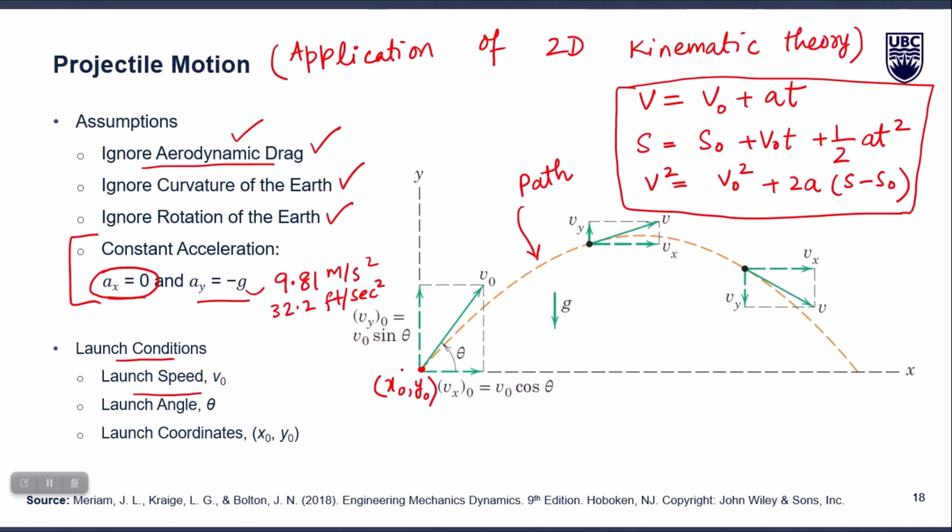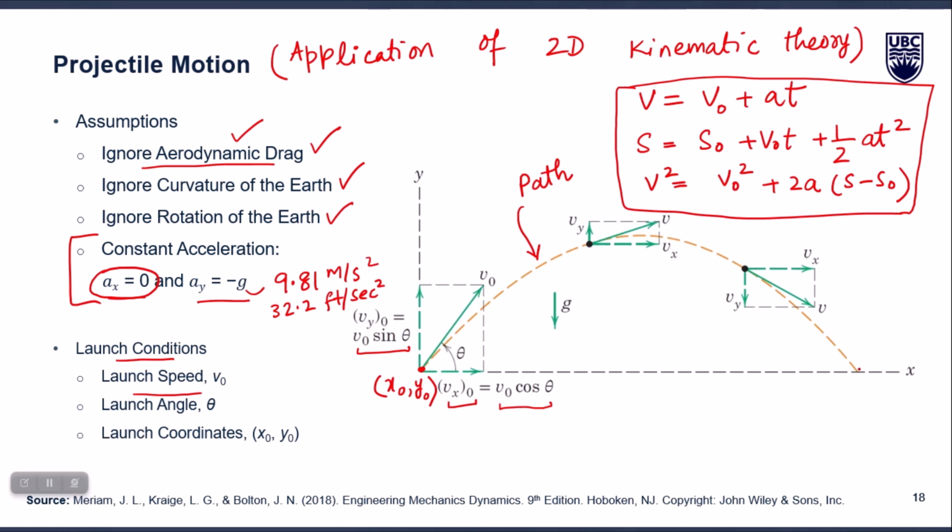Initial velocity will have two components, vy naught, which will be v naught sine theta, and vx naught, which is v naught times cos theta, right? At any other time instant after the initial point, again we will be having two components, vx and vy, but they will be changing depending upon at what stage your projectile is.